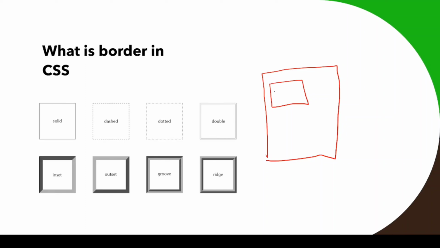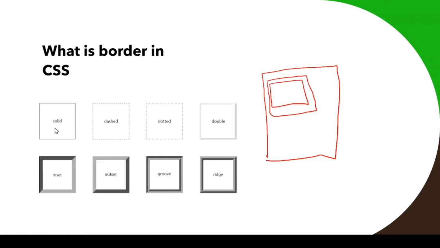This is the main difference between outline and border. If we define an outline, it takes the outline space, it does not affect the alignment of the tag or the displayed content.